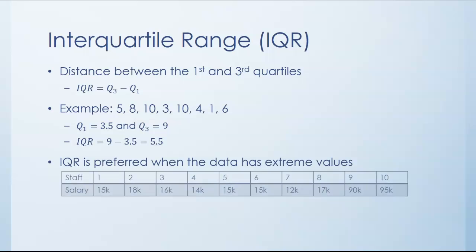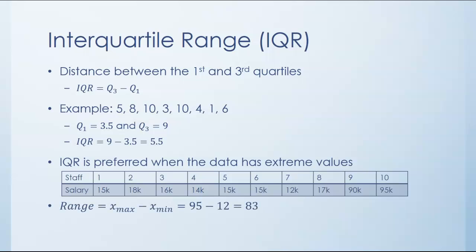So a while back we had this graph, I think we found the mean on it in one of our previous videos in the chapter. And we talked about how we did have some extreme values over here with our 90 and 95K for staff members 9 and 10, and how that really threw off our mean, but we were able to use our median to get a better picture of what was going on here.